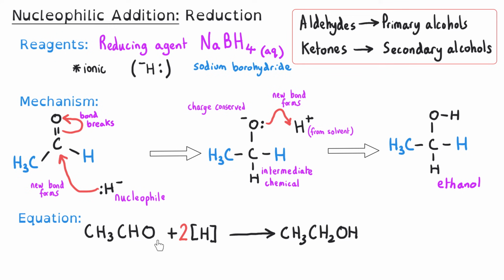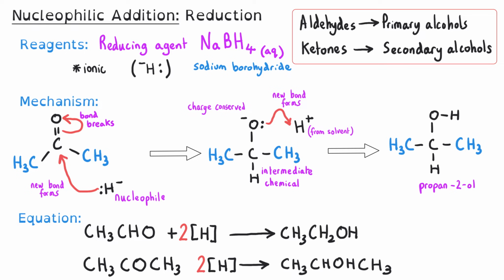And if instead of using ethanal, we used propanone, we would have 2 CH3 groups either side of the carbonyl group at the beginning, which means we'd need to have 2 CH3 groups in our intermediate and 2 CH3 groups at the end. And so this time we would produce propan-2-ol. And we can show that in a second equation.